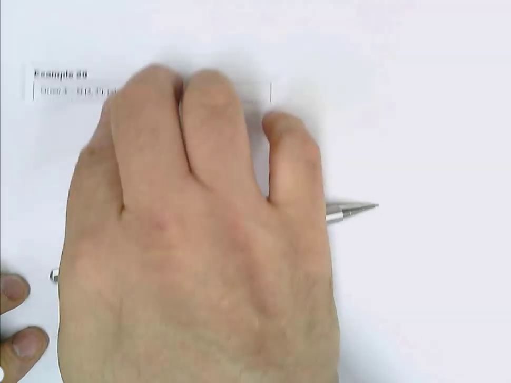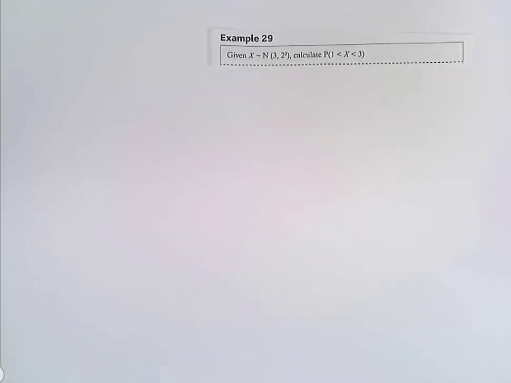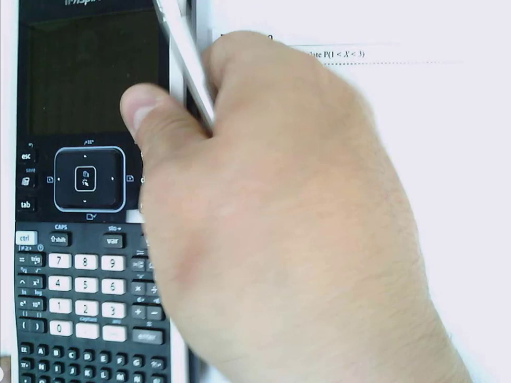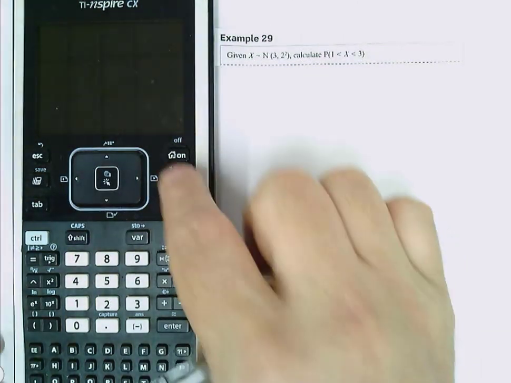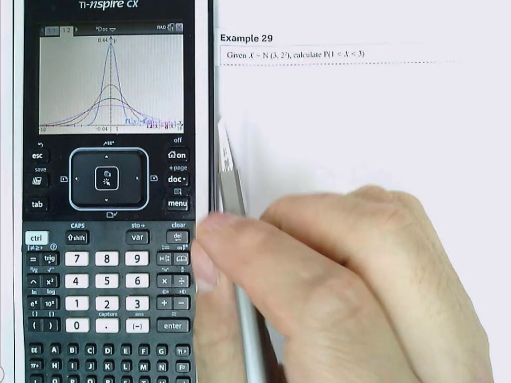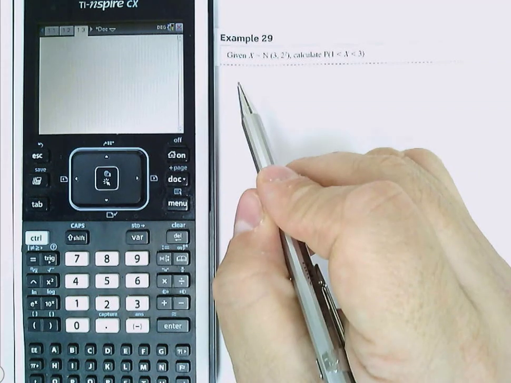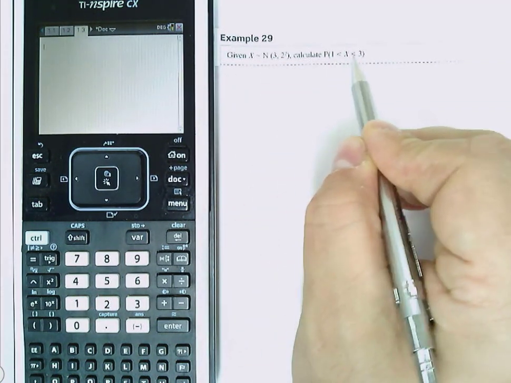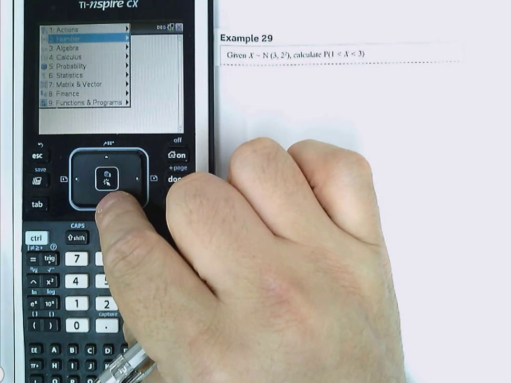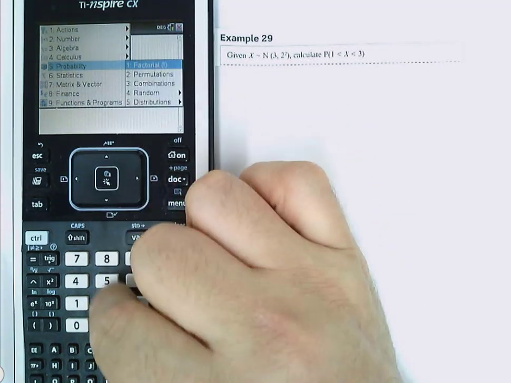It looks like it's got a standard deviation of 1, so that might be the standard normal distribution right there. Good? And then the next problem we're going to look at says, given that x follows a normal distribution with mean 3 and 2 squared as our variance, calculate p between 1 and 3. So I'm just going to use the calculator on this one because we cannot integrate the standard normal. If I'm going to find the values between 1 and 3, I'm going to go menu, probability distribution.